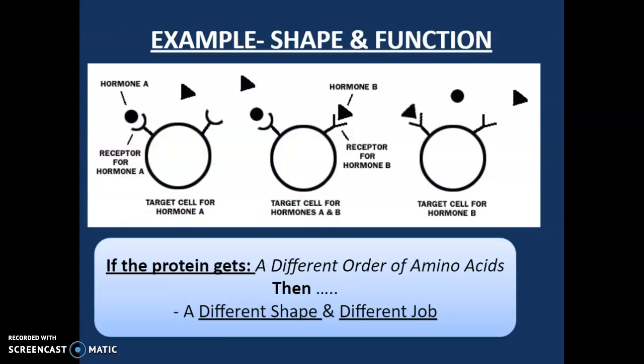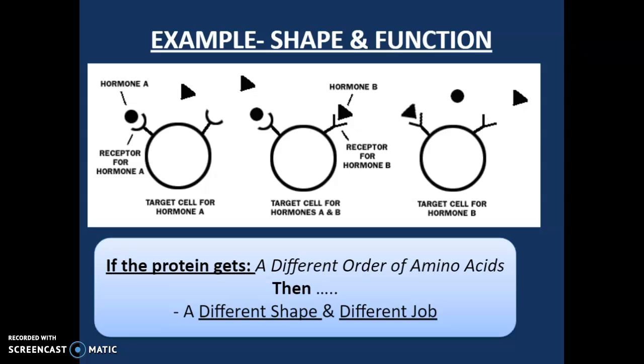So here's an example of the shape determining the function. For the first target cell, we see our hormone A attaching to the receptor for hormone A. For a target cell that targets A and B, we see hormones A and B attaching to the receptor site.